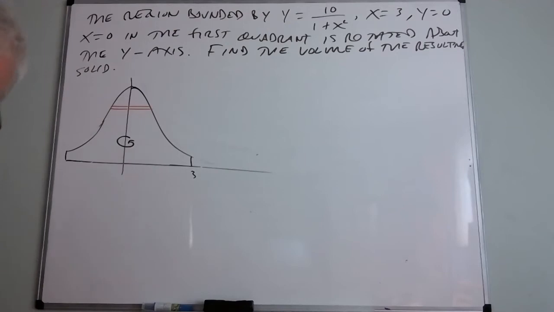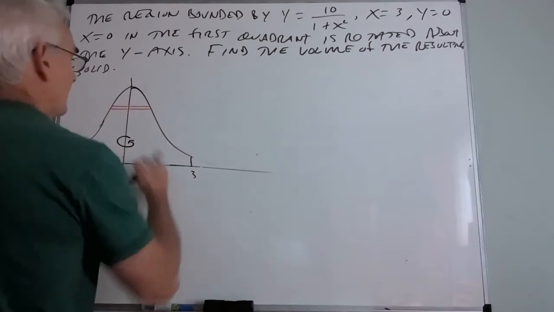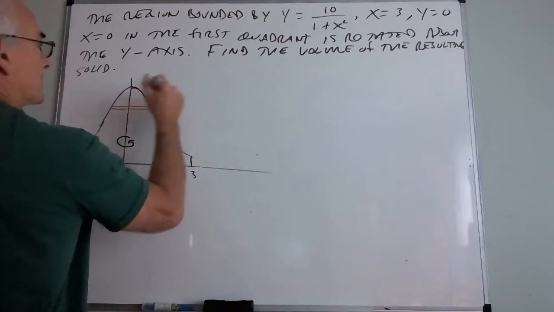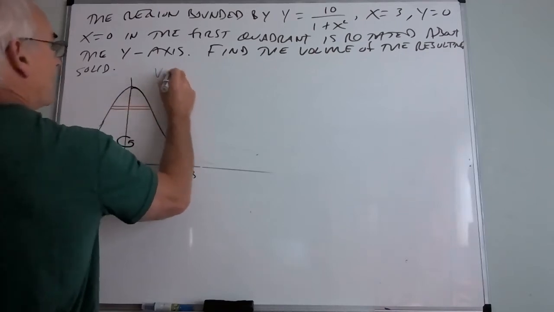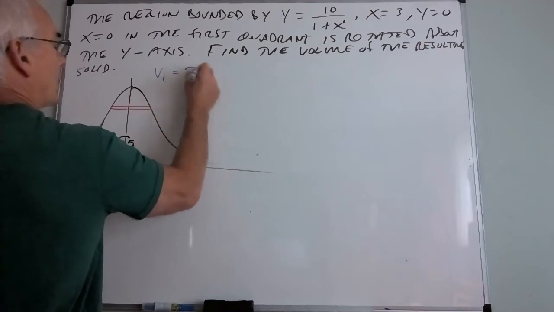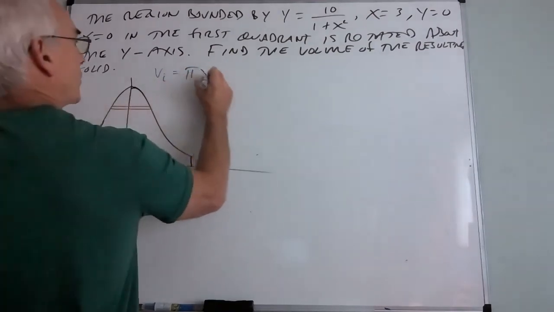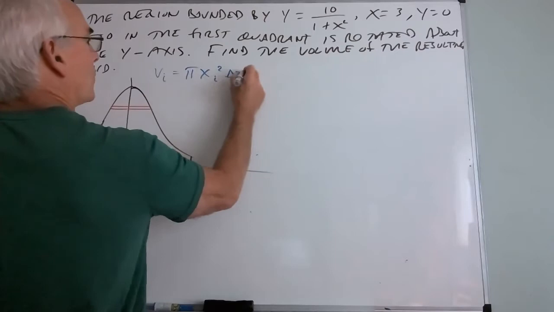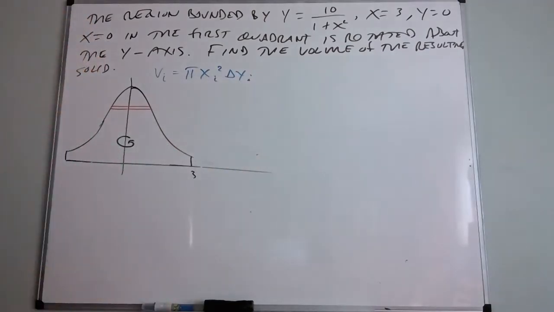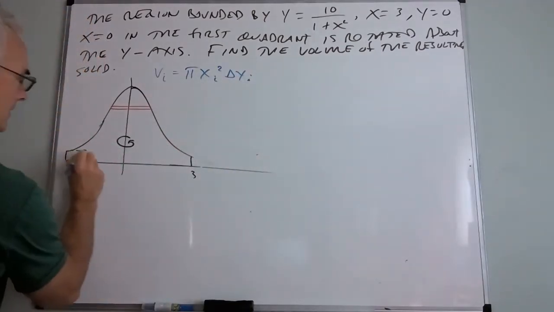All right. So without me even drawing the disc, the volume of a disc is just pi r squared times the thickness. So let's call that the ith volume. My radius is clearly the x. So pi xi squared delta yi. Now I want you to notice something.